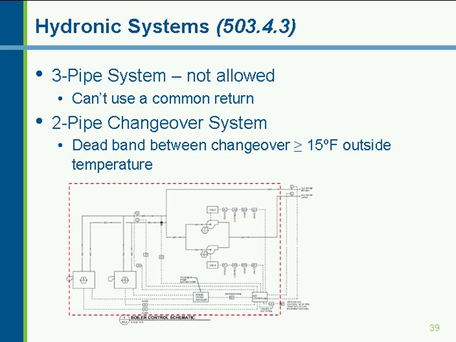Another requirement for hydronic systems: three-pipe systems are not allowed. Those are systems that supply hot water through one pipe, cold water through another pipe, and return to a common pipe. That mixing of heated and cooled water through a return pipe is not allowed. You are allowed to have a two-pipe changeover system, but if you do, you must have a dead band of 15 degrees outside air temperature before you can switch between heating and cooling in that two-pipe system.